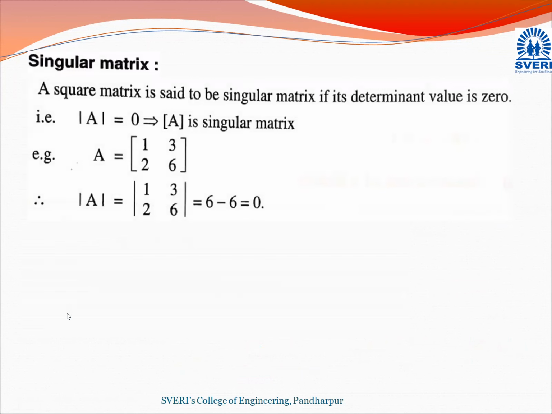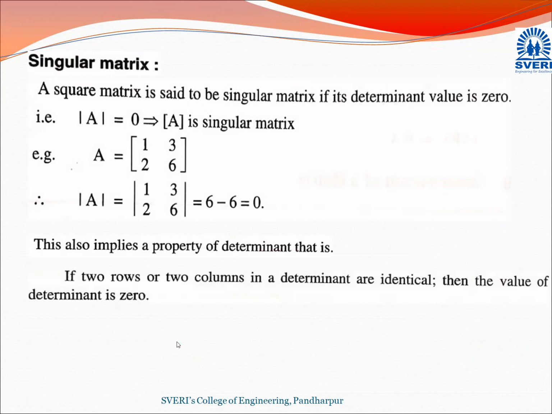Next, singular matrix. A square matrix is said to be singular if its determinant is 0. So here the determinant of A is 0. If two rows or two columns in a determinant are identical, then the value of the determinant is 0.